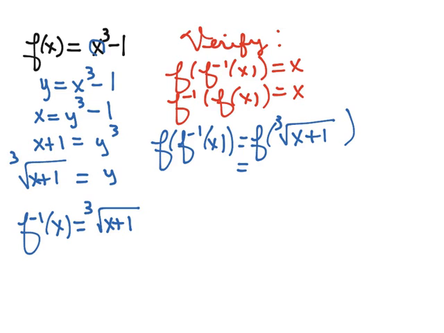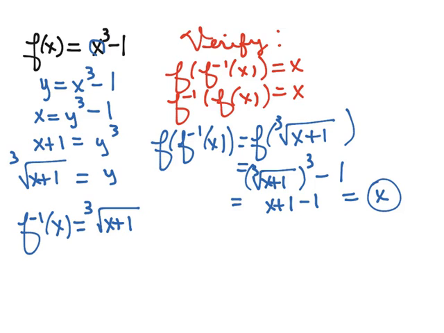So that means we're going to have the cube root of x plus 1, cubed, minus 1. The cube root of x plus 1 cubed is just x plus 1, minus 1, and we end up with x. Now, for them to truly be inverse functions, it has to work both ways.